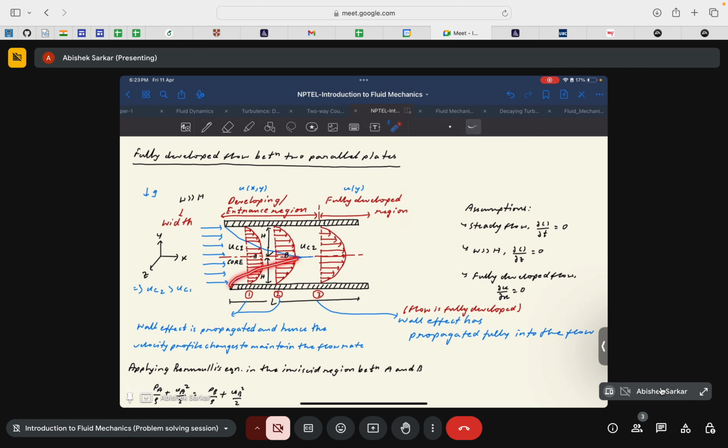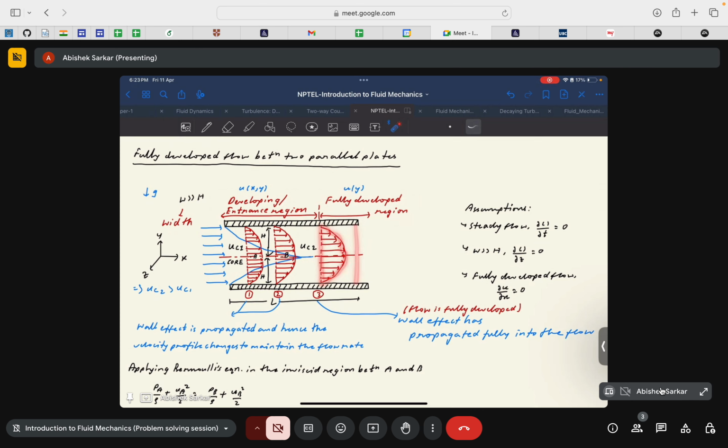These boundary layers will keep on developing until they merge at a certain point. After they merge, the flow beyond that point is termed the fully developed flow. The characteristic is that this velocity profile remains the same throughout the pipe.